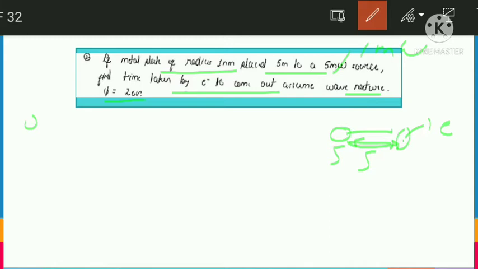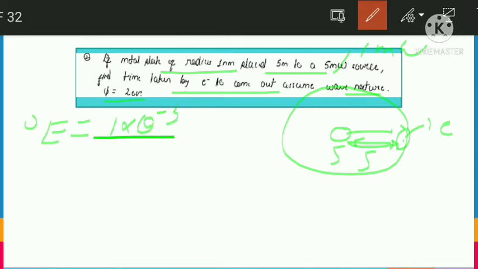Yes, let's see how. If we draw a circle, meaning a sphere, the energy falling per unit area on this sphere would be equal to the power of the source, which is 1 milliwatt, meaning 1 into 10 to the power minus 3, upon the total surface area, which is 4 pi into 5 whole square.